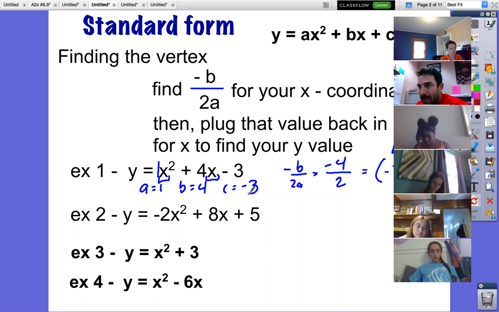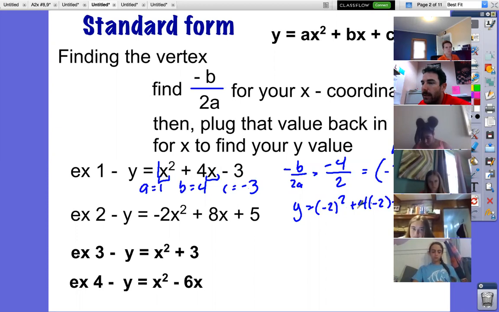That's it. So let's do this. When I do that, I've got y equals (-2) squared plus 4 times -2 minus 3. What is (-2) squared? 4. And 4 times -2 is -8, minus 3 is at where?